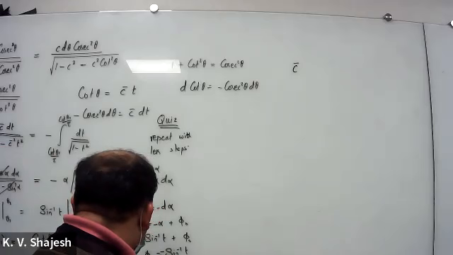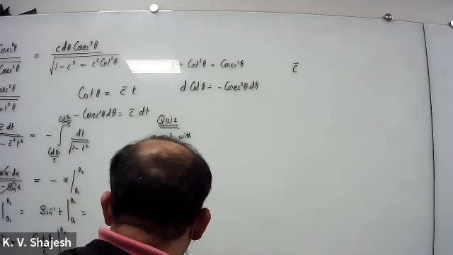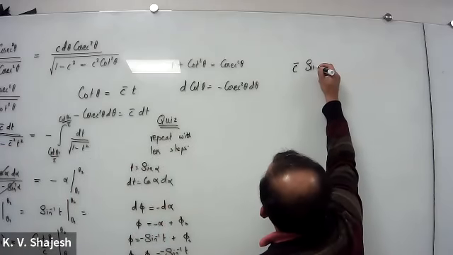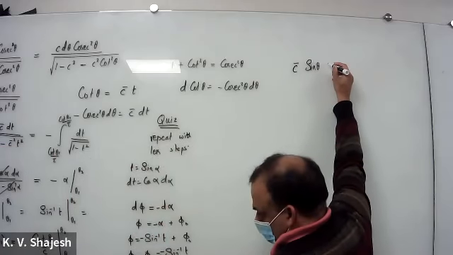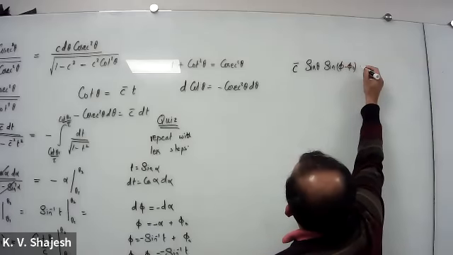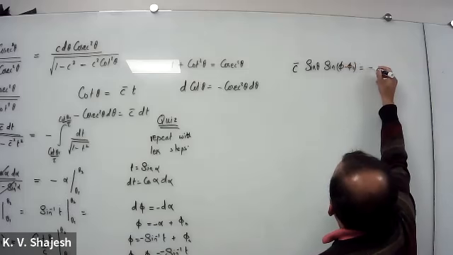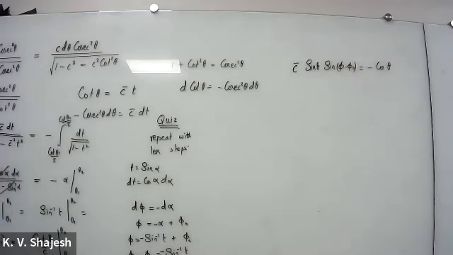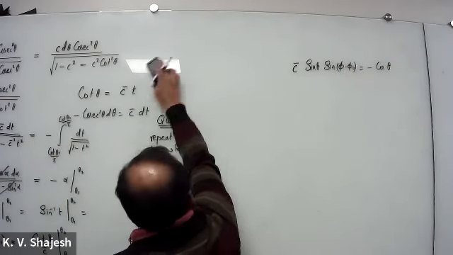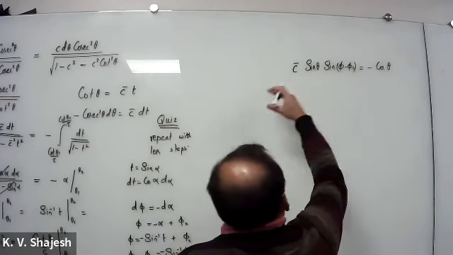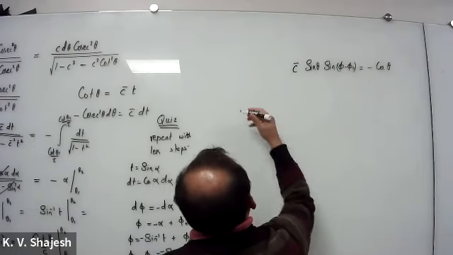But okay, so now let's see what it means. This is the same as c bar sine theta sine of phi minus phi naught is equal to minus cosine theta. That's an equation. I'll pull this to the left and expand this out.